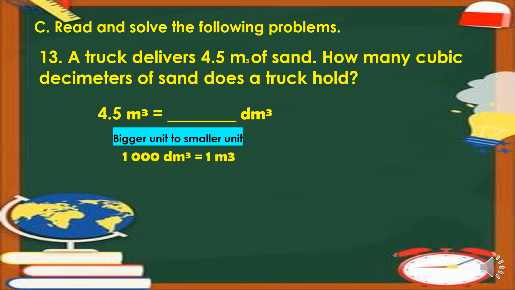So for every 1,000 cubic decimeter, that is equivalent to 1 cubic meter. So ano ang gagawin natin? We will multiply. So 4.5 times 1,000. So that is equivalent to 4,500. So that means for 4.5 cubic meter is equivalent to 4,500 cubic decimeter.